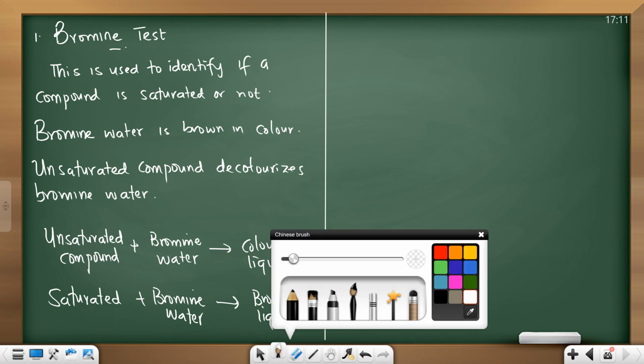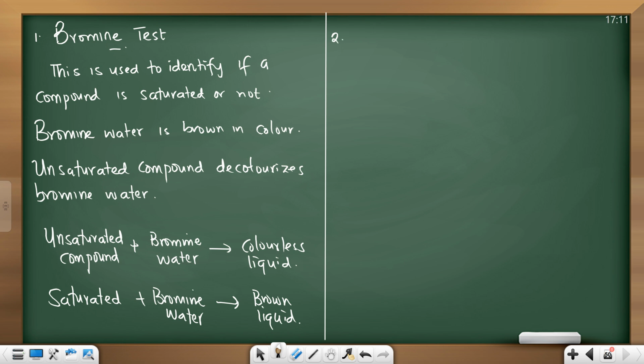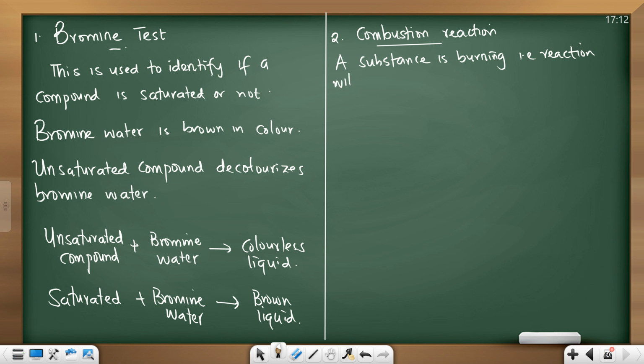All right, number two. Combustion reaction. Combustion means something is burning. It means a substance is reacting with oxygen.